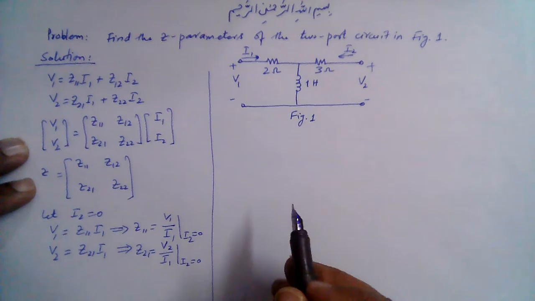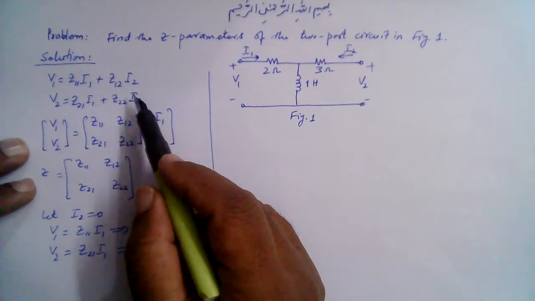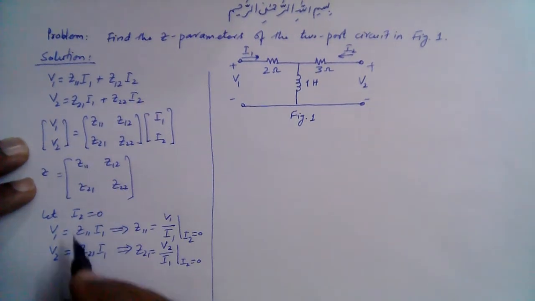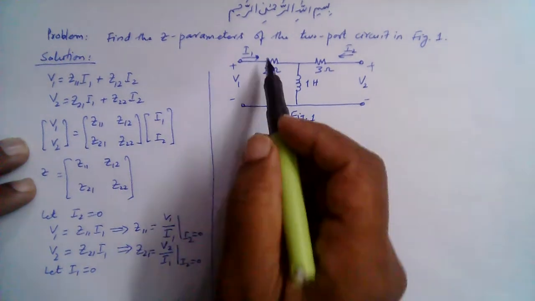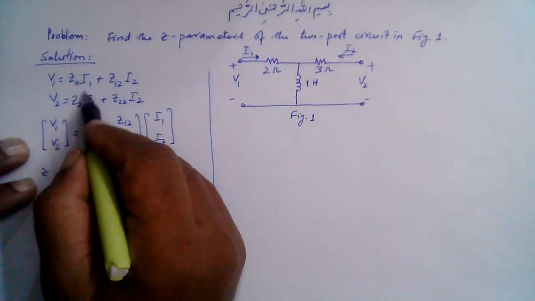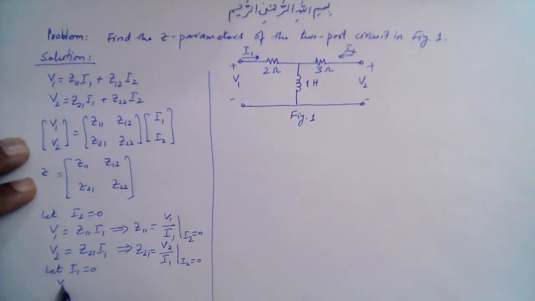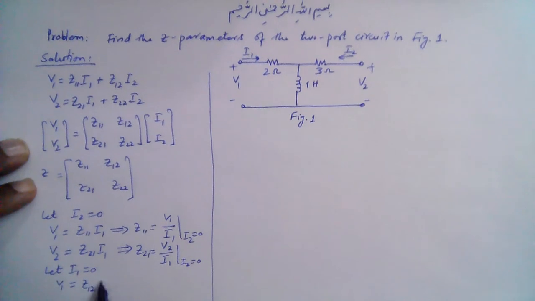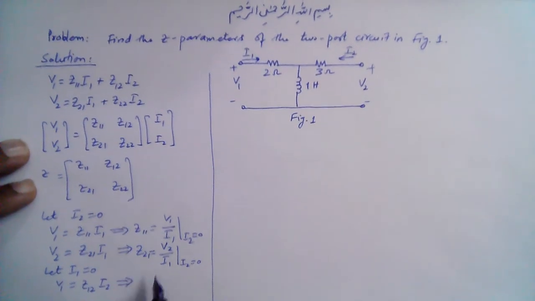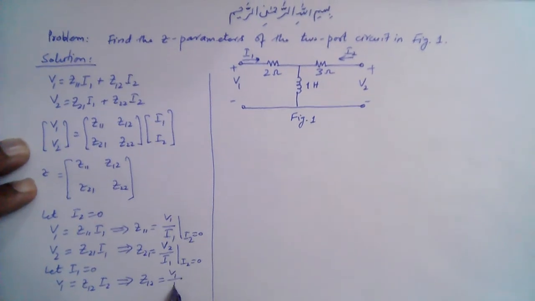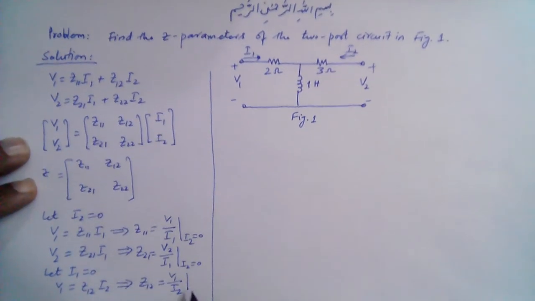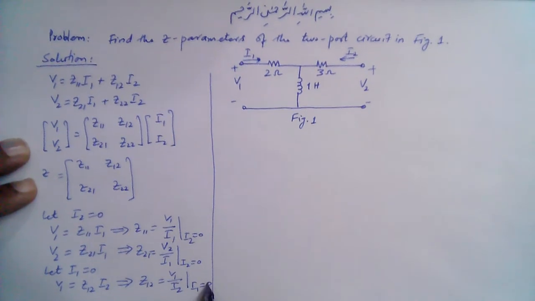So similarly, if we put I1 equal to 0, right? We switch off I1 here. So in that case, these terms will disappear. So then V1 is equal to Z12 I2, and that means Z12 is equal to V1 divided by I2 while I1 is equal to 0.